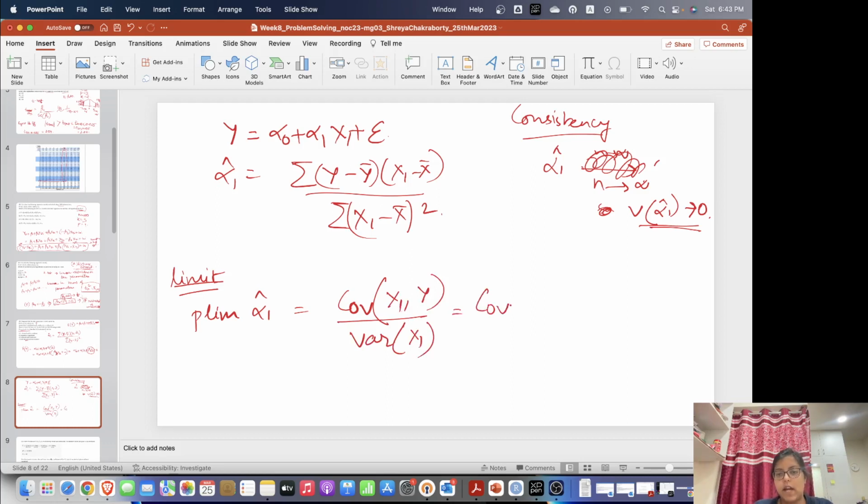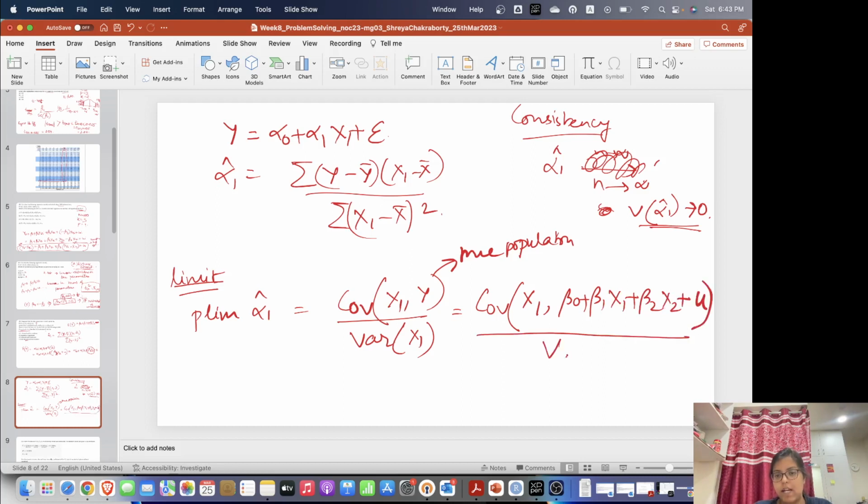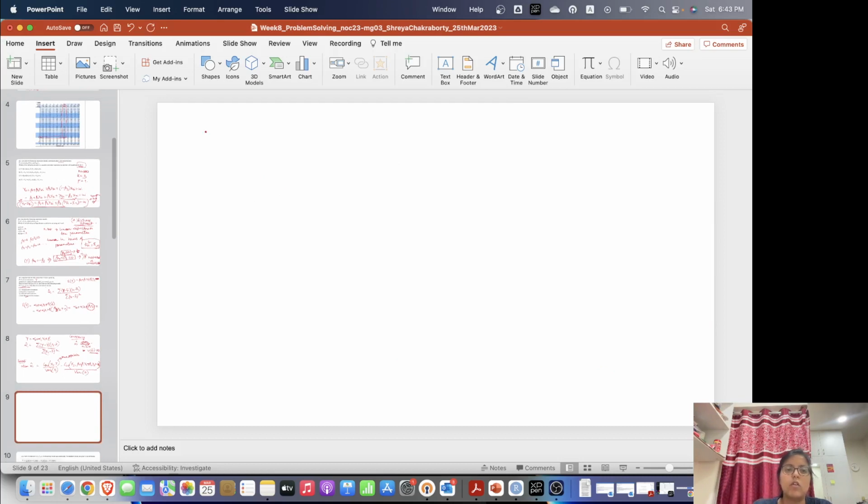So that we can write as covariance of x1 and, in place of y, the true population model. So here we'll write the full model: beta naught plus beta 1 x1 plus beta 2 x2 plus u, divided by variance of x1.